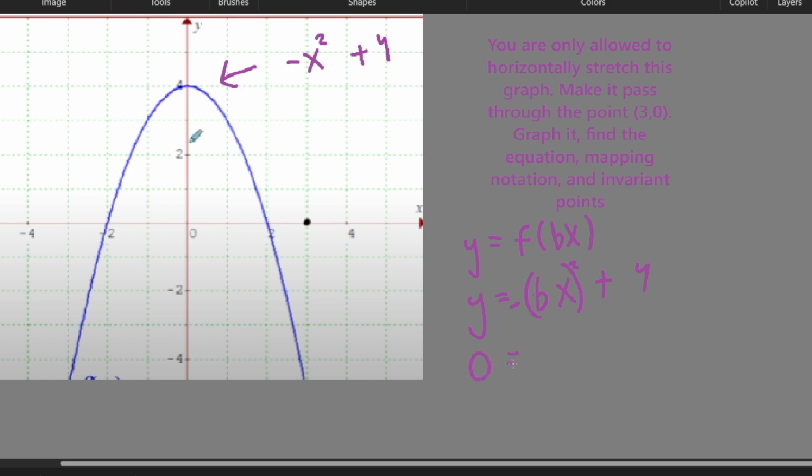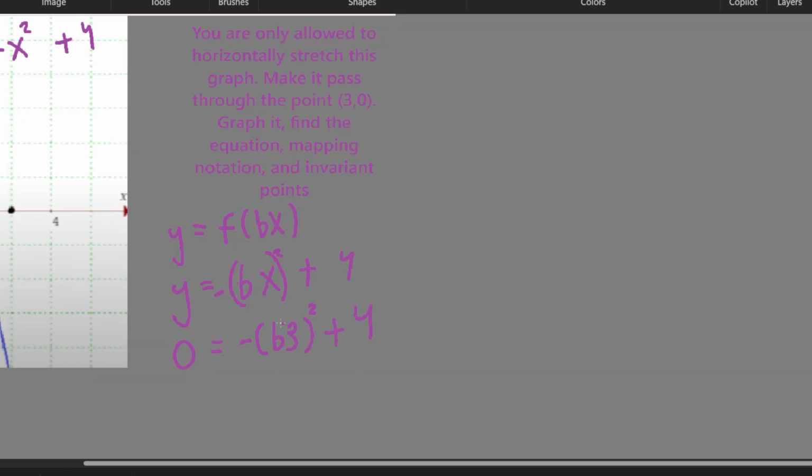0 is equal to -(b3) squared plus 4. Okay, so now let's move this to the other side. 3b squared is equal to 4. Okay, apply the square. 9b squared is equal to 4. So isolate b. B squared is equal to 4 over 9.